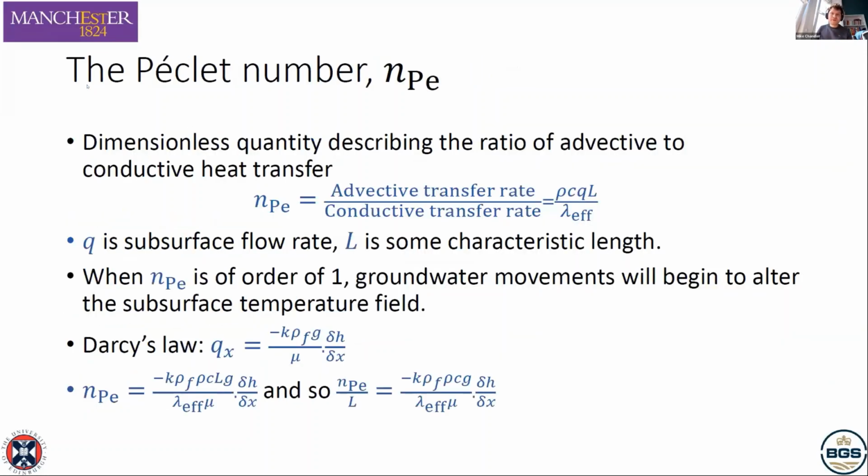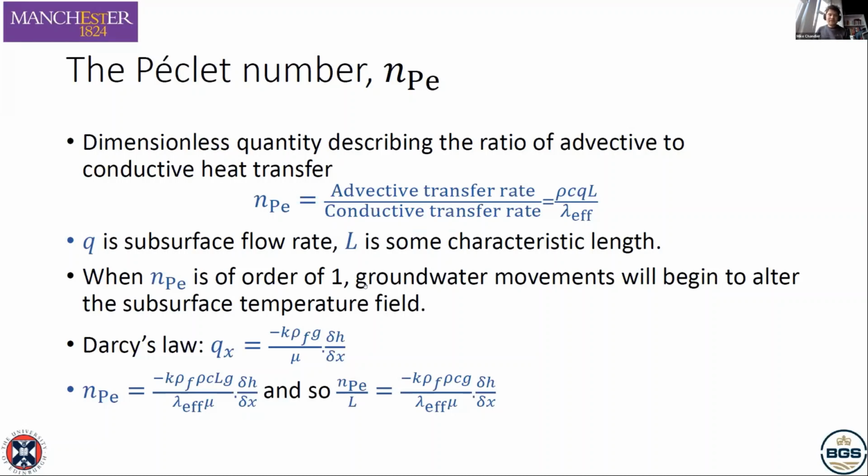So just to give one idea of how you could use this number at a large scale, the Peclet number is a dimensionless quantity that describes the ratio of the advective to conductive heat transfer in a rock. Q in this definition is some subsurface flow rate and L is some characteristic length.